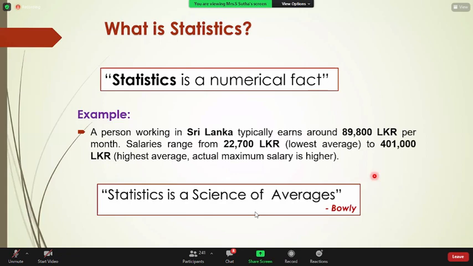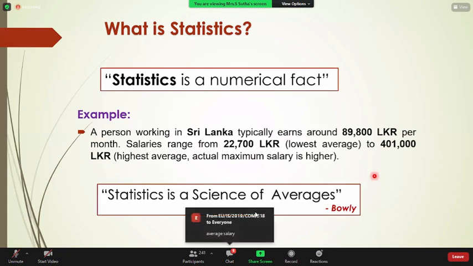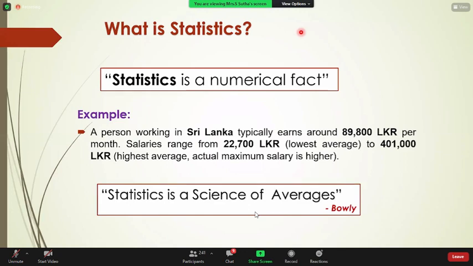Average salary of Sri Lanka. Average earning, right? Average earning of a Sri Lankan, right? A person working in Sri Lanka typically earns around 89,800 Lankan rupees per month.